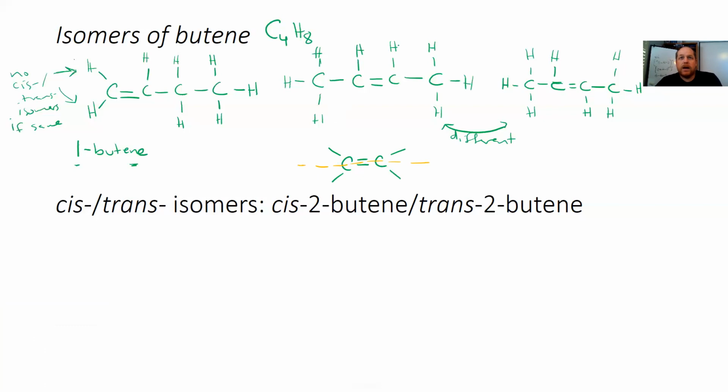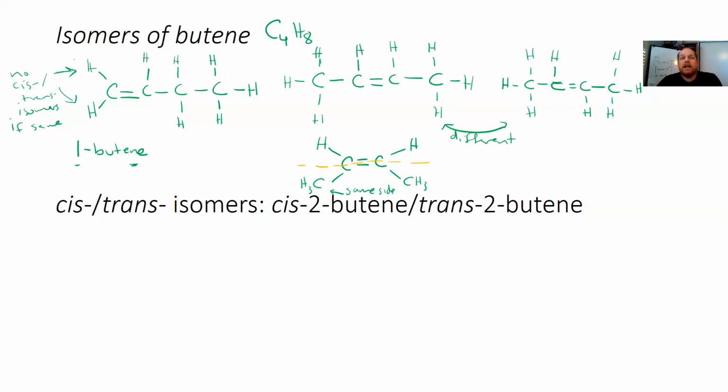Now these two hydrogens are on the same side of this little orange line that's separating them. So I'm going to put them on the same side, H and H. And when I do that, I need my CH3 and my CH3 here, right? Those two CH3s are on the same side, okay?